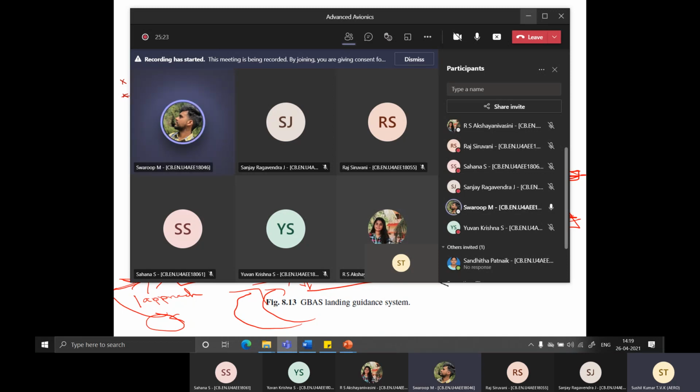So we can have multiple touchdown points. No, multiple touchdown points means multiple runways. Isn't it? It's too expensive. And you can't, because of the prevailing wind direction, it has to be opposite to it.